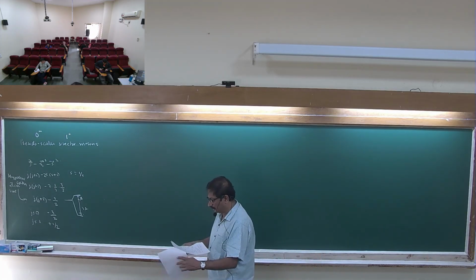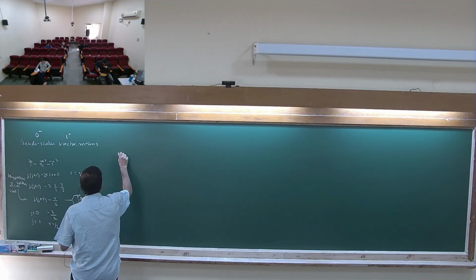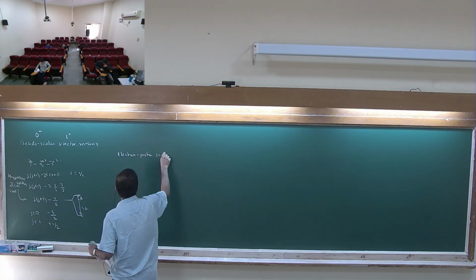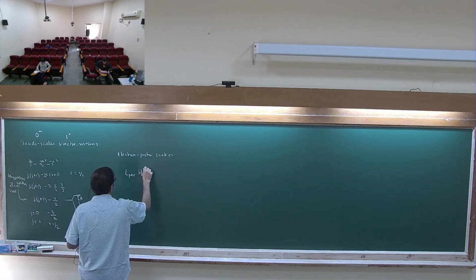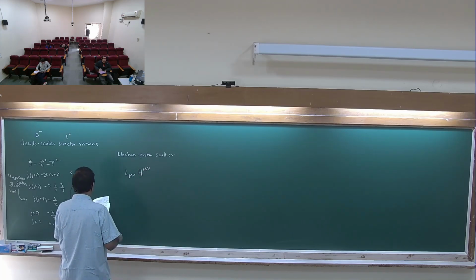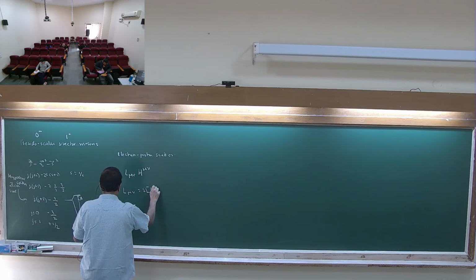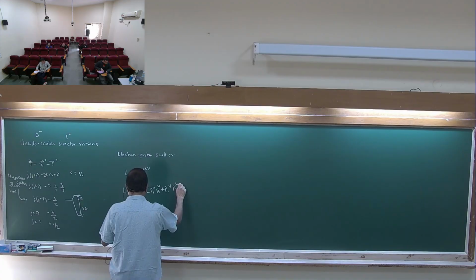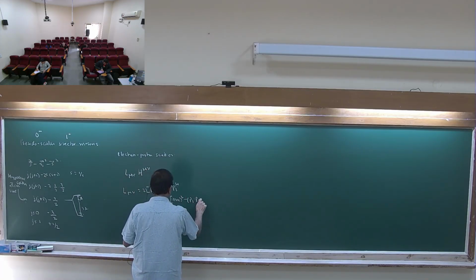So where we left off the other day was in electron proton scattering, and we said that this must have the form L mu nu times, let me call it H mu nu, for the hadron part, and we saw an explicit form for the L mu nu, which was 2 times (P1 mu P3 nu plus P1 nu P3 mu) plus G mu nu, and this comes from doing the spin sums, introducing spinors and doing the spin sum.